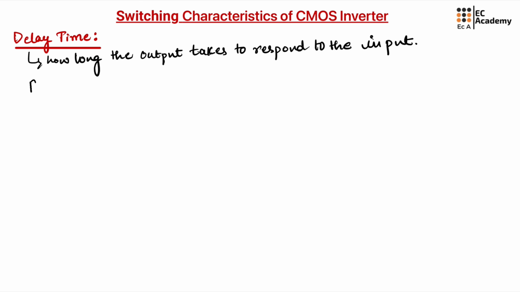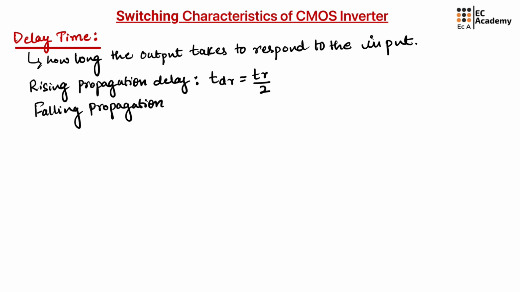Here, the rising propagation delay can be given as TDR is equal to TR by 2, and falling propagation delay can be given as TDF is equal to TF by 2. So rising propagation delay is therefore related to the rising time, and the falling propagation delay is related to falling time.